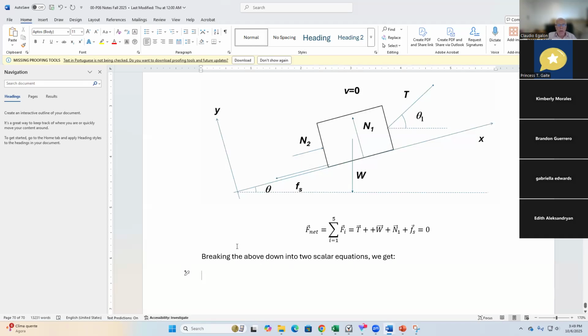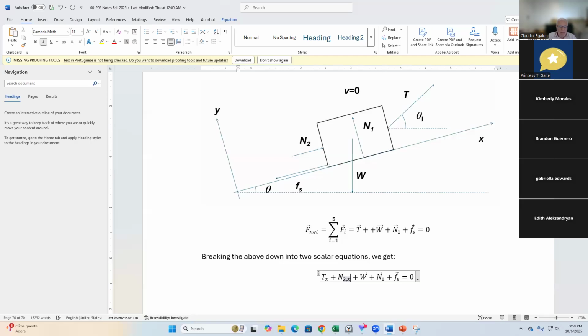okay, the tension is going to have an x and y component. Which other force? The normal 2 is also going to have x and y components.